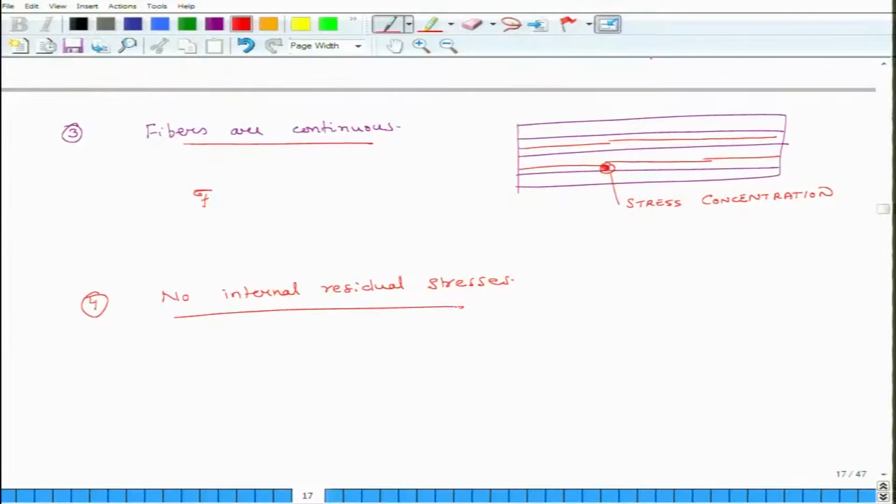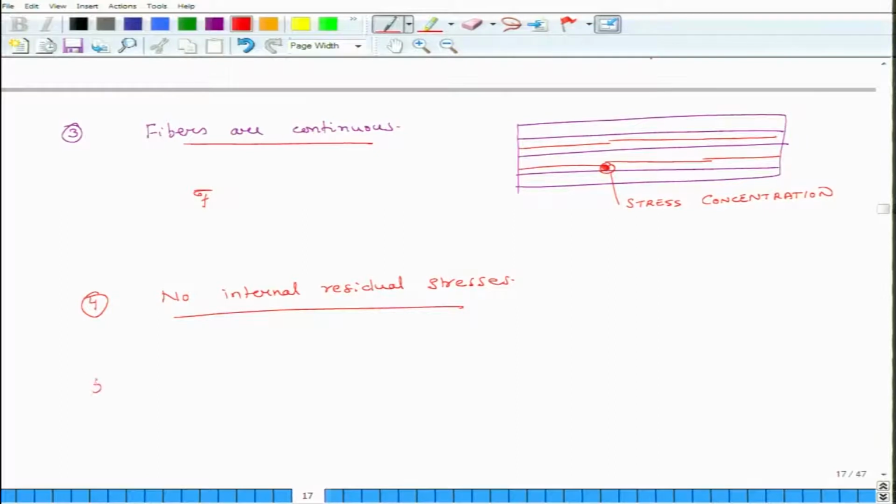As a consequence, matrix and fibers develop internal stresses. Even though the overall external stress on the system is 0, some parts are in compression, some parts are in tension, and such a system, when we apply some external load, again has internal stresses plus external stresses due to external load. So, this also causes change in the failure stress of the composite.